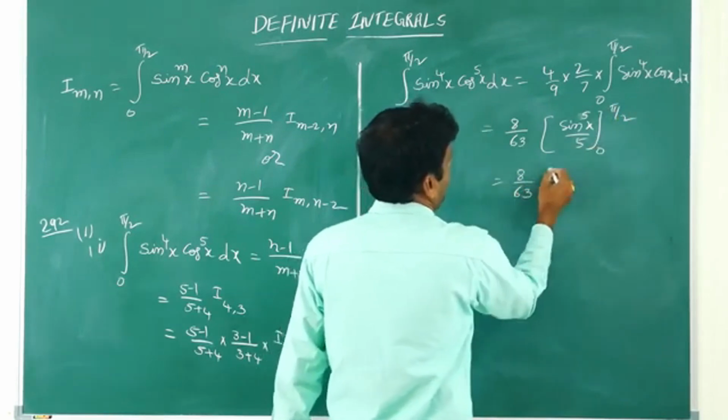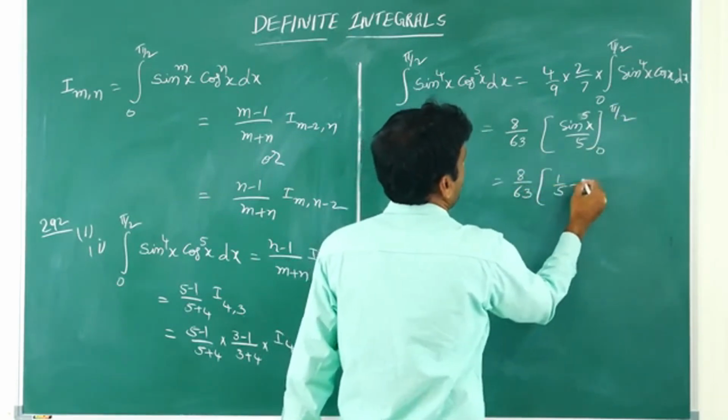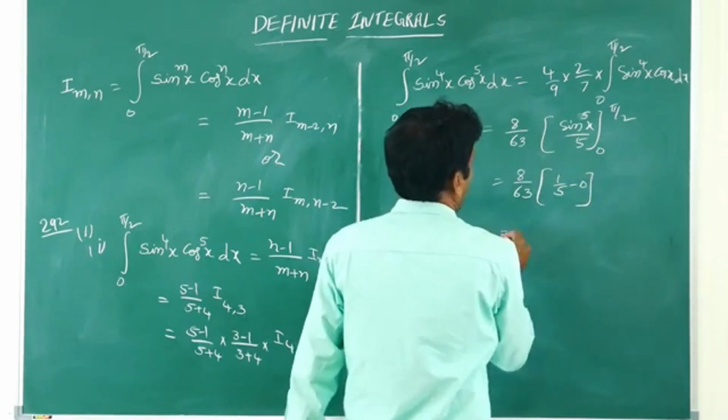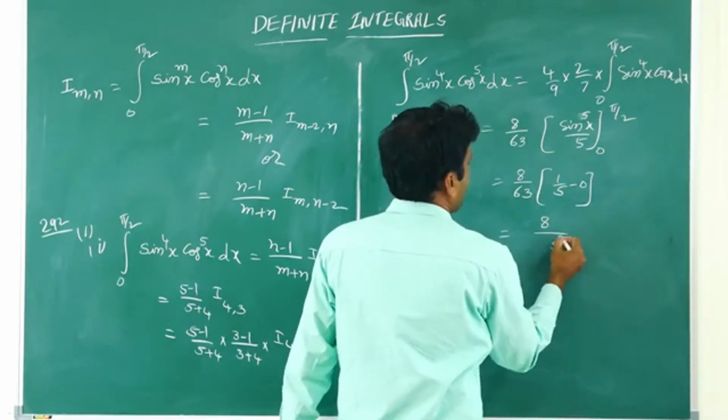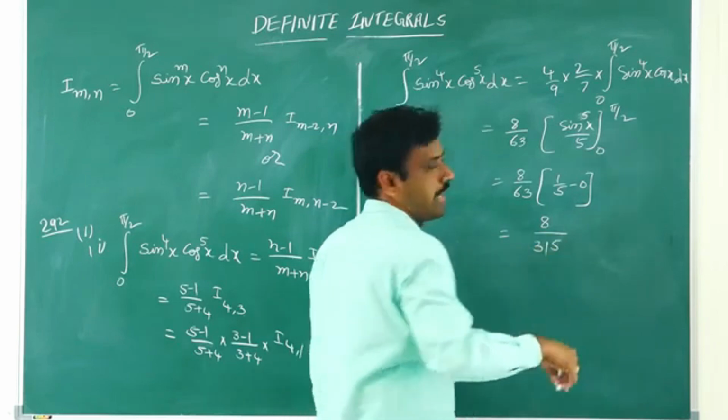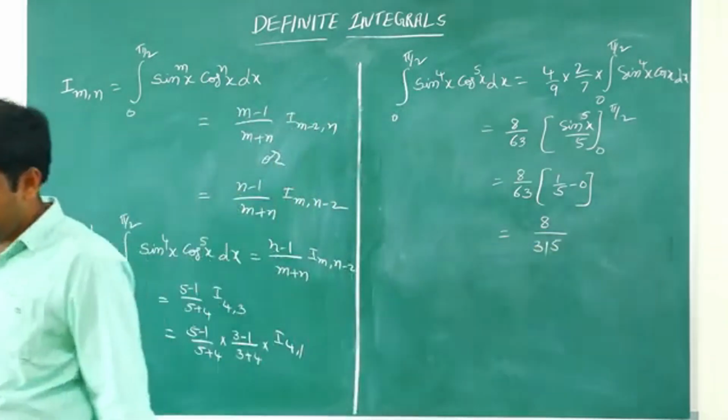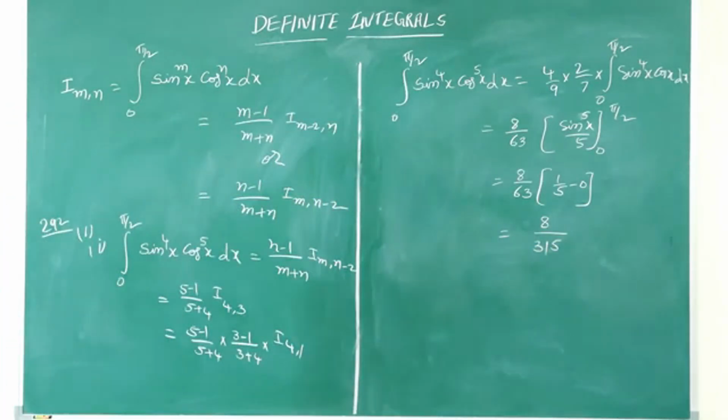That is 8/63 times (sin pi by 2)^5/5 minus 0, 8 by 5 times 63 is 315. That is 8/315.